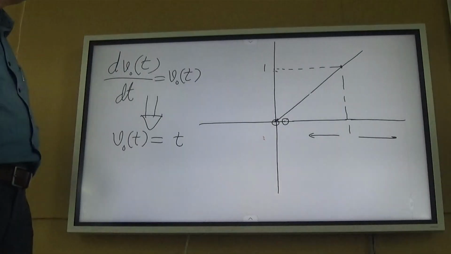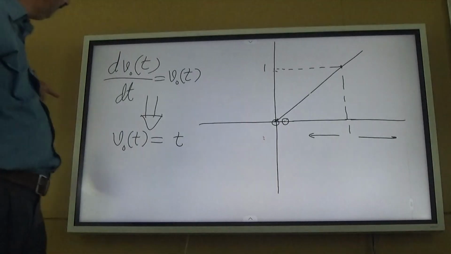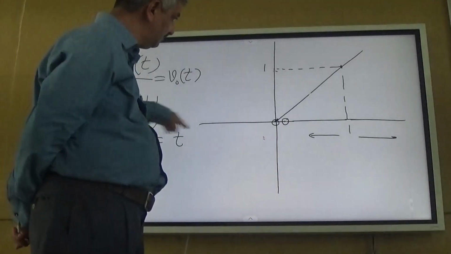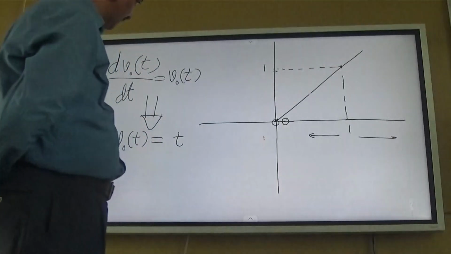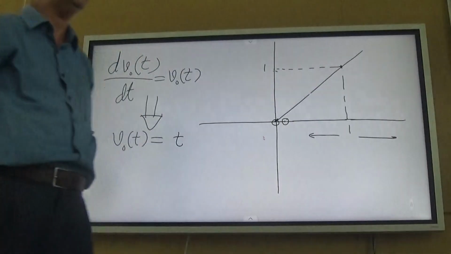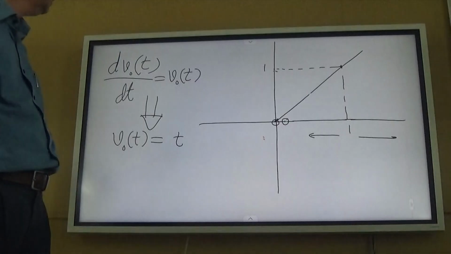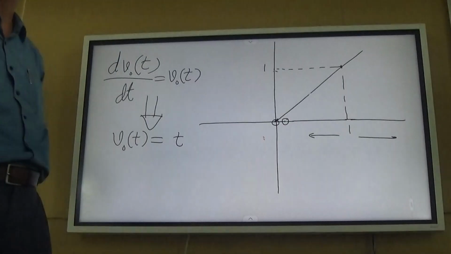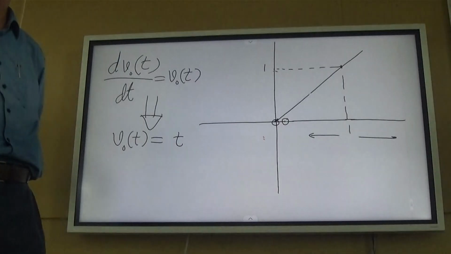So T changes. If it is a horizontal line, where the horizontal line satisfies this, VOT equal to 0, only then VOT is constant.